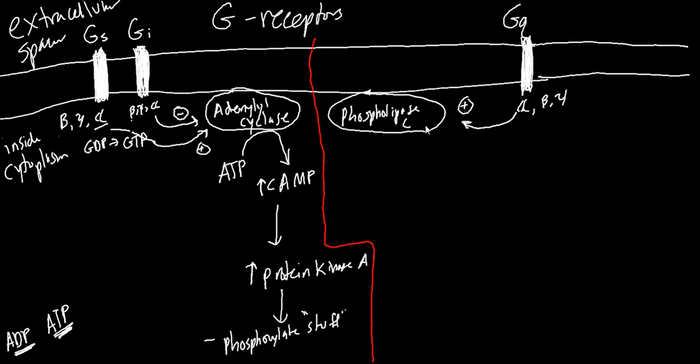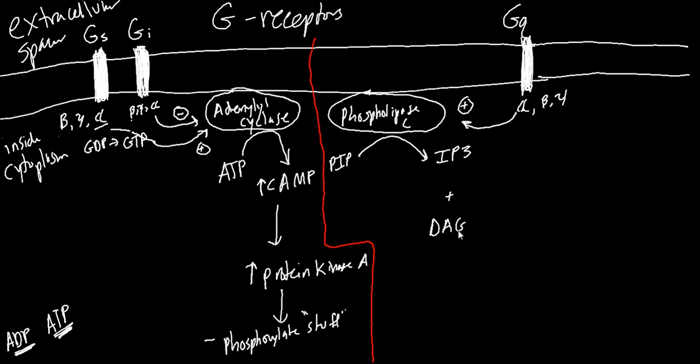We're going to stimulate this phospholipase C. Now, stick with me here. It's going to convert PIP, which is going to be made from lipids from this bilayer. And what it's going to do is convert it into IP3, and it's going to convert it into DAG.